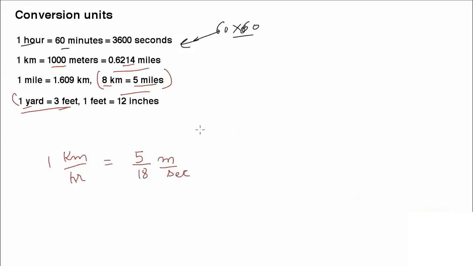So you should know this. And 1 kilometer per hour is equal to 5/8 miles per hour.